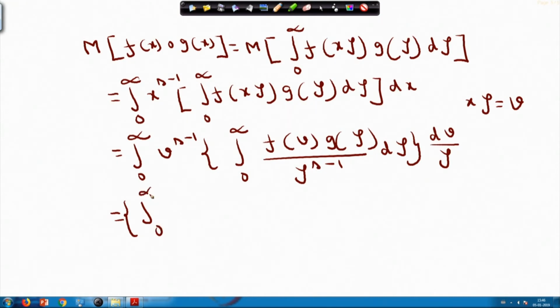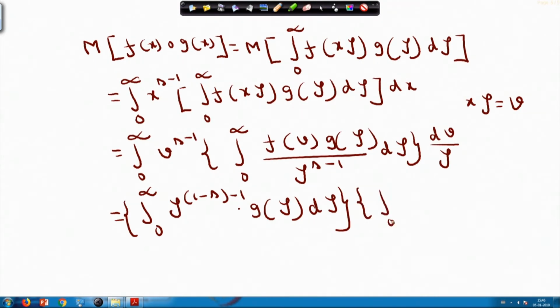One will be the integral from 0 to infinity of eta to the power 1 minus s minus 1, since eta to the power s was there, into g of eta d eta, where eta to the power 1 minus s is there. The other integral will be 0 to infinity v to the power s minus 1 into the function of v into dv.